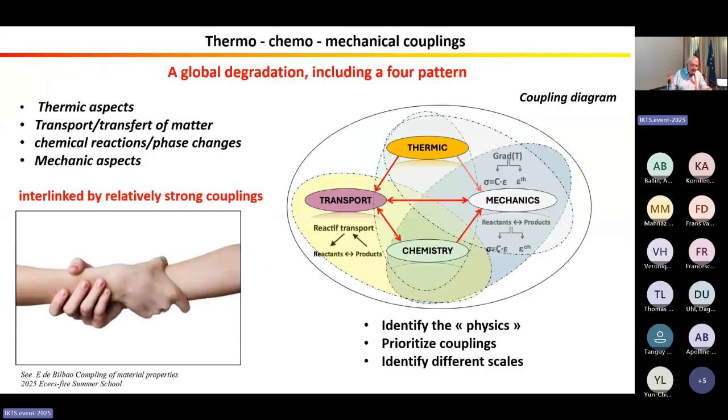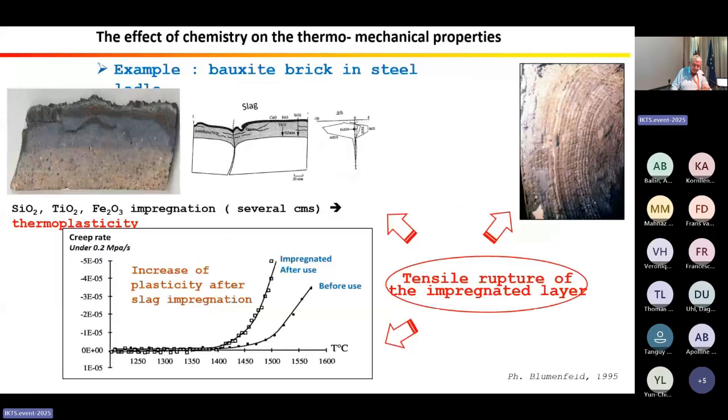So to select the best refractory, we have to take into account thermic aspects, transport, transfer of matter, chemical reaction, phase change, and mechanical aspects, which are interlinked with relatively strong coupling. That means that we have to identify the physics, to prioritize couplings, and to identify different scales.